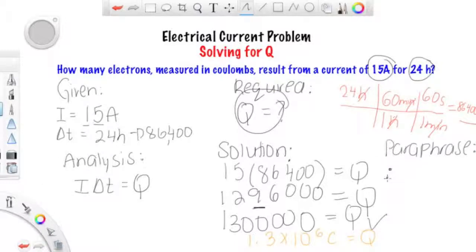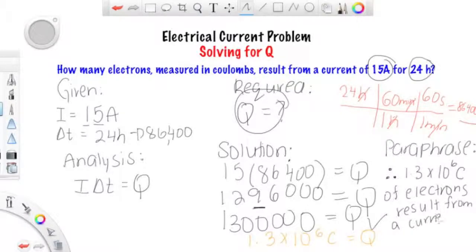So we're going to write therefore 1.3 times 10 to the power 6 coulombs of electrons result from a current of 15 amps for 24 hours. And if this was on a test or a quiz, you should be getting perfect because you've shown all of your work, your conversion factors, and you've used GRASP to its fullest capabilities.